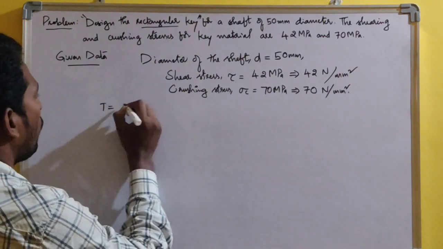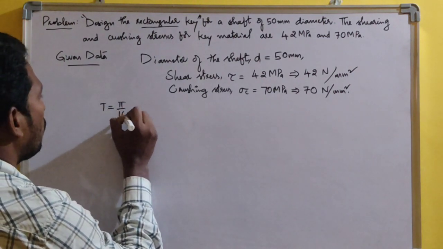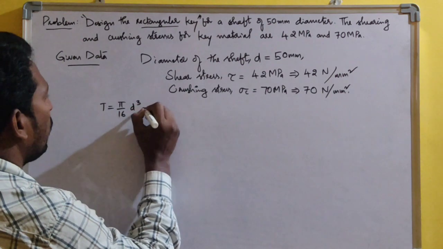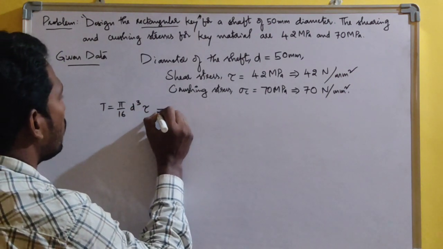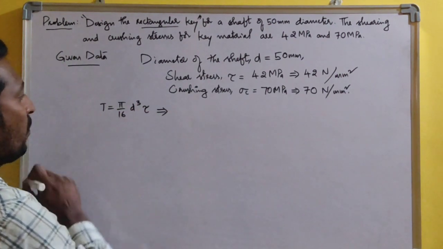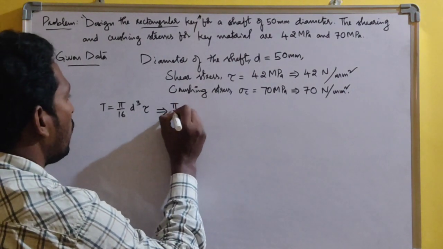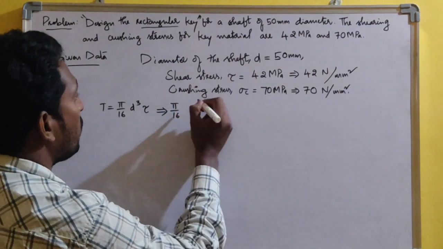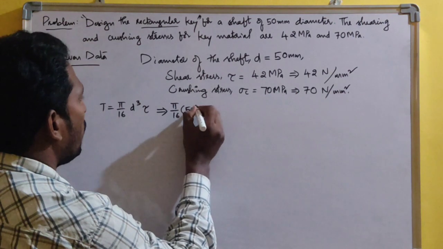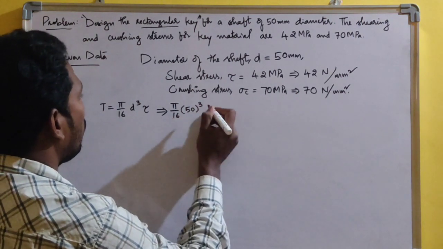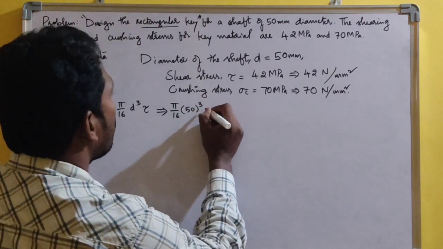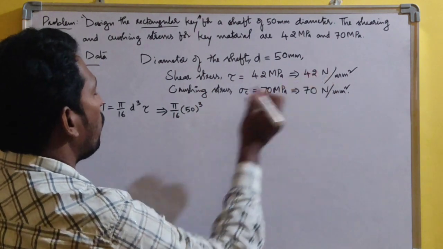T equal to pi by 16 into d cube into tau. From this relation we can find the T value. Here pi by 16 into d is 50, d cube is 50 cube, into the tau value 42.